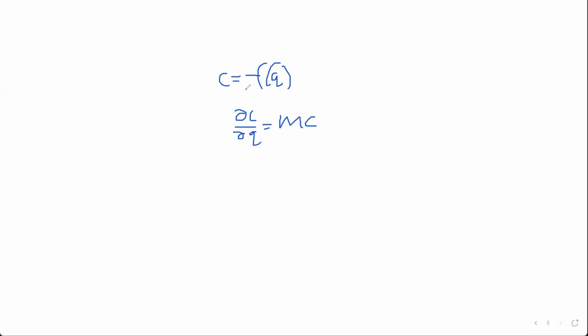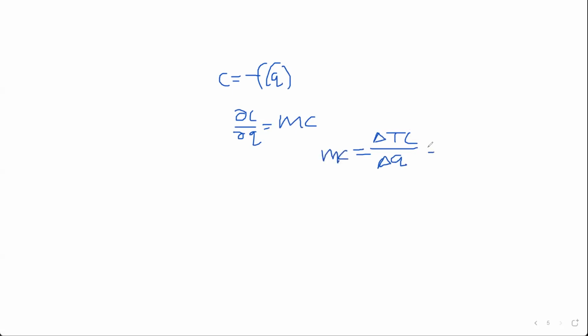So these two concepts, or if given a table of values, delta, that is the change of total cost, divided by the change of quantity, you get the marginal cost.